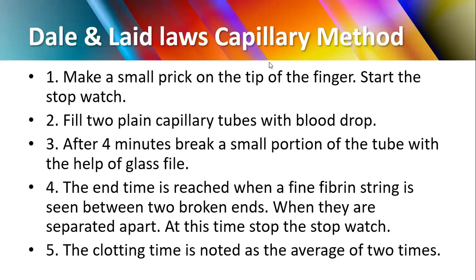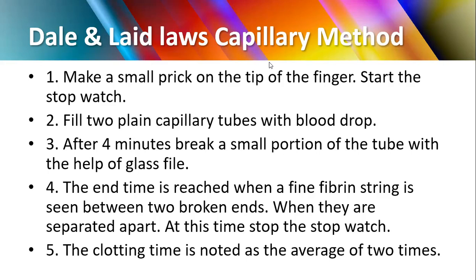Perform two tests from a single person and note the average. Why do we report the average? To minimize the error. So we will report the average of two tests as the clotting time.